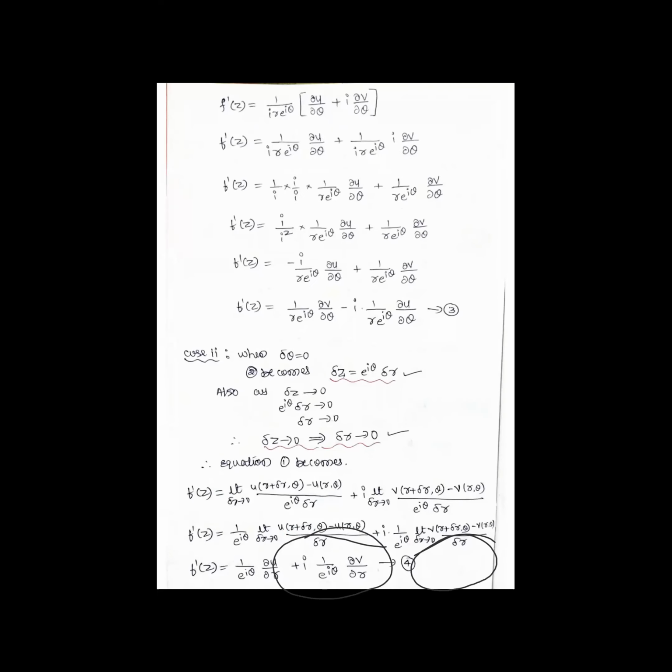After taking it inside, this is the partial derivative of u with respect to theta, and this is the partial derivative of v with respect to theta. So f dash of z is equal to 1 upon i r e raised to i theta, dou u by dou theta plus i dou v by dou theta.